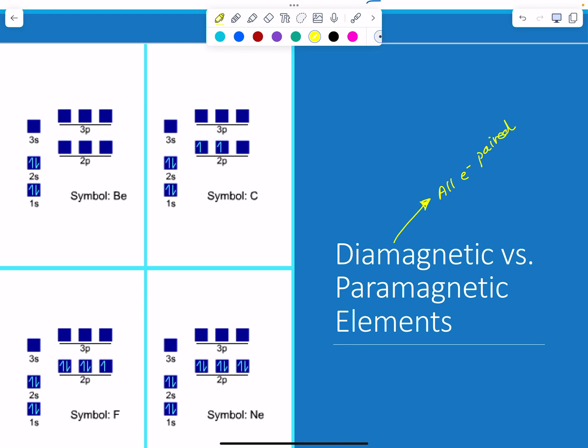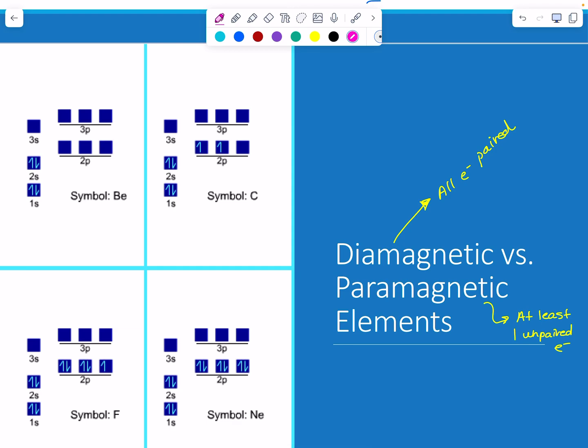And if we have something that is paramagnetic, we're going to have at least 1 unpaired electron. And paramagnetic elements can become magnetic if all of those spins are lined up. So let's classify these elements according to whether they are diamagnetic or paramagnetic.